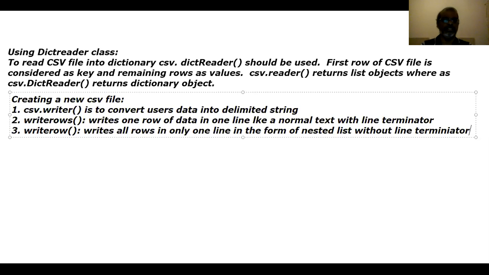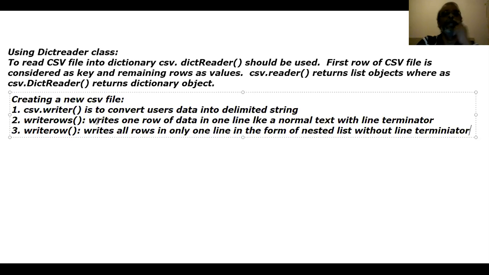So the first point is csv.writer is used to convert users' data into a delimited string. Assume we have one nested list that contains 3 nested lists. Each inner list has one row. So we need 3 lines. 3 lines should be stored into the CSV file. So in this case, we should go for writerows.